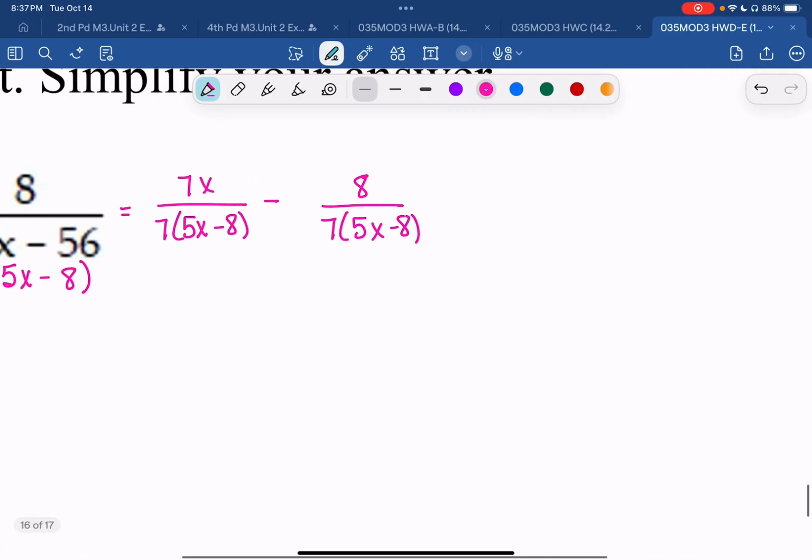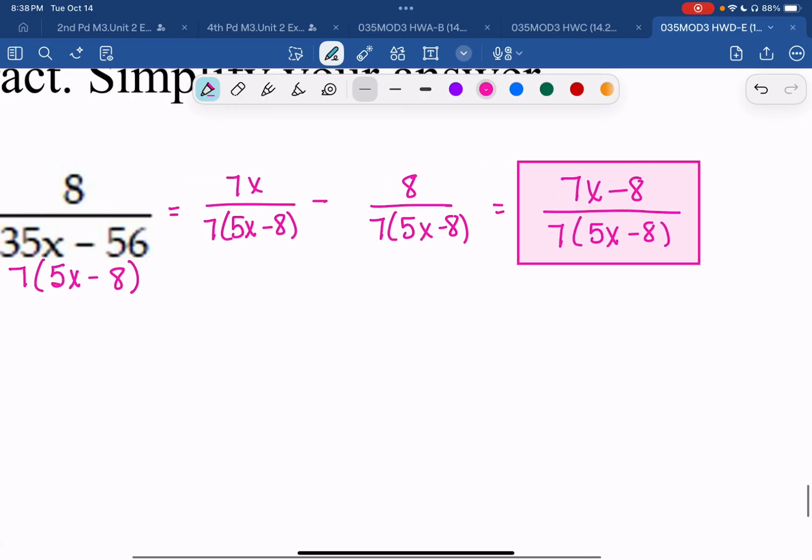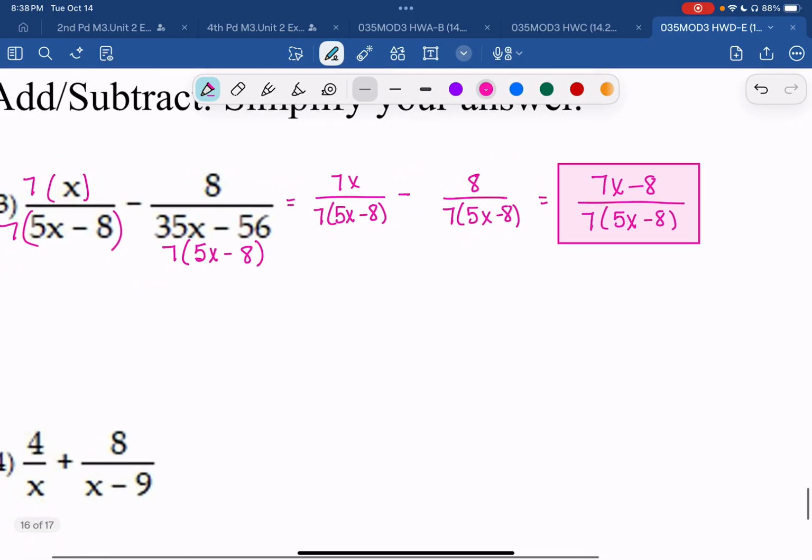So now I can finish this problem. And I've got 7x minus 8 over 7 times 5x minus 8. So the key is to make the denominators the same.